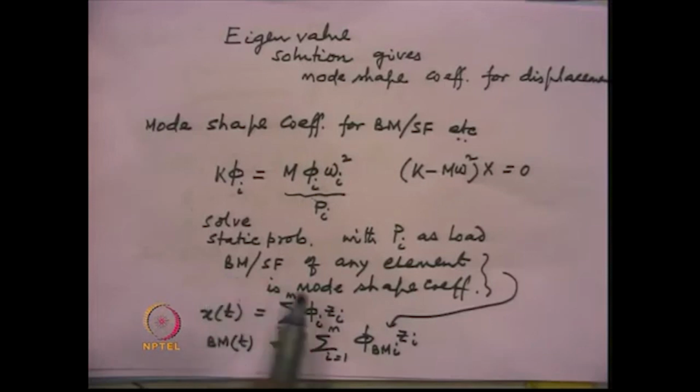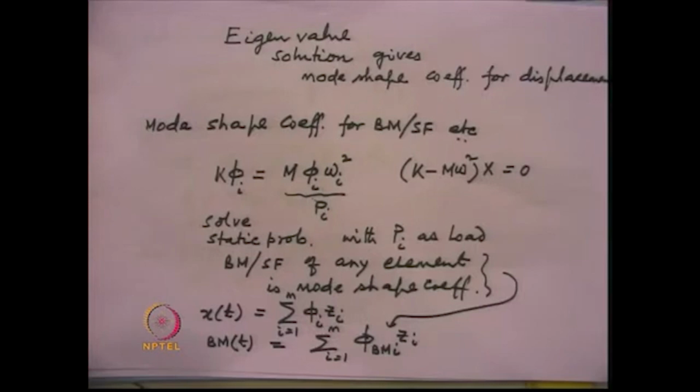So, therefore, the bending moment and shear force that I will get for a particular mode by solving this static problem is called the mode shape coefficient for bending moment or shear force or any response quantity of interest. So, we can sum up like this: the usual eigenvalue solution provides us the mode shape coefficient for displacement.